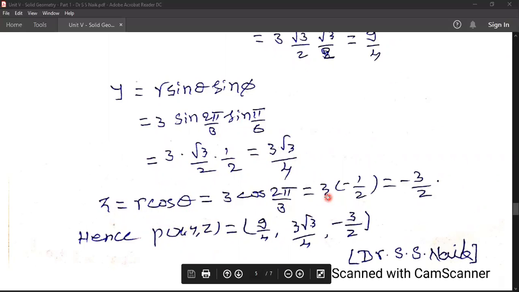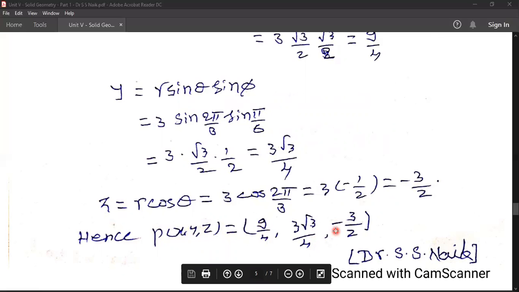Cos 2 pi by 3 is minus 1 by 2. Then the value of this is equal to minus 3 by 2. Hence, the point P(x, y, z) is equal to (9 by 4, 3 root 3 upon 4, minus 3 by 2).